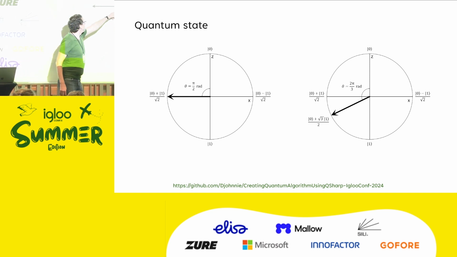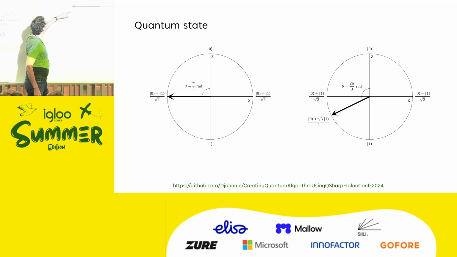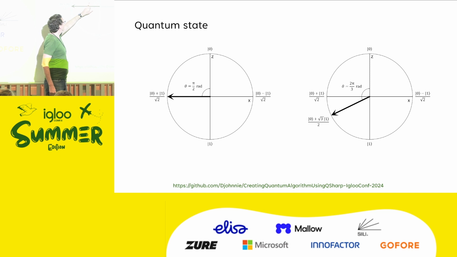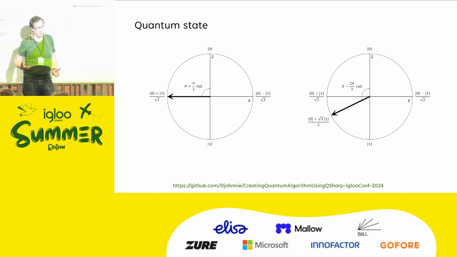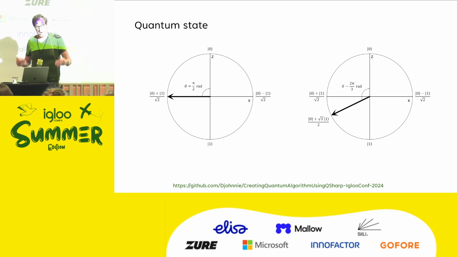If the vector is exactly in between, which is, as I told you, 1 over square root of 2 plus 1 over square root of 2, the angle is pi over 2. You can actually use the sine and the cosine, and the result you will get is actually half-half.